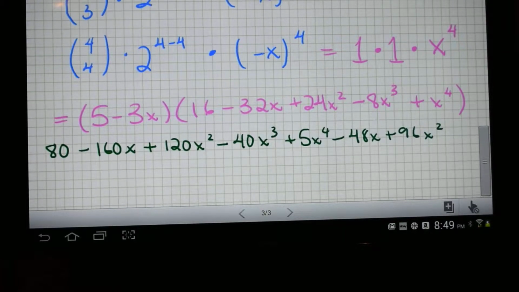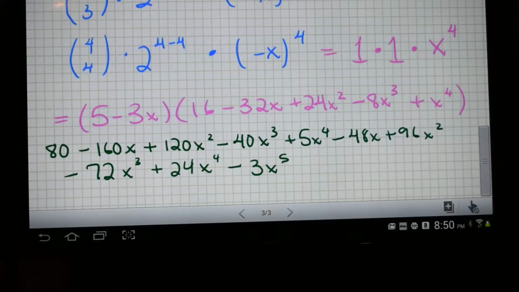We're going to know your algebra. 24 times 3, minus 72x to the third power, plus 24x to the fourth power, minus 3x to the fifth power.